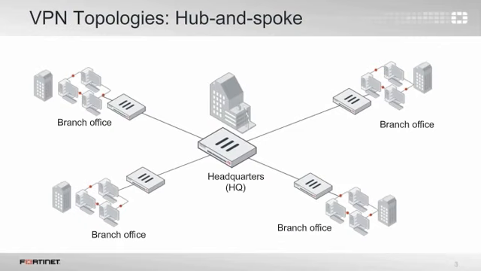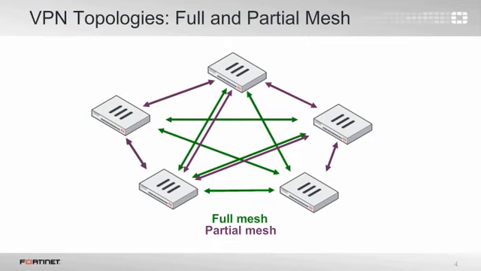This slide shows a VPN that has a mesh topology. There are 2 types of mesh topology. Full mesh connects every location to every other location. Like the previous hub and spoke example, the example on this slide shows only 5 locations.